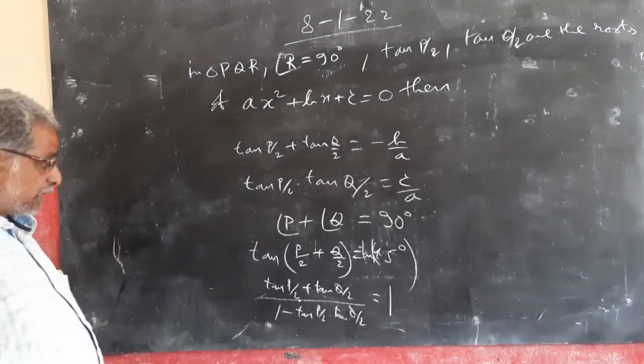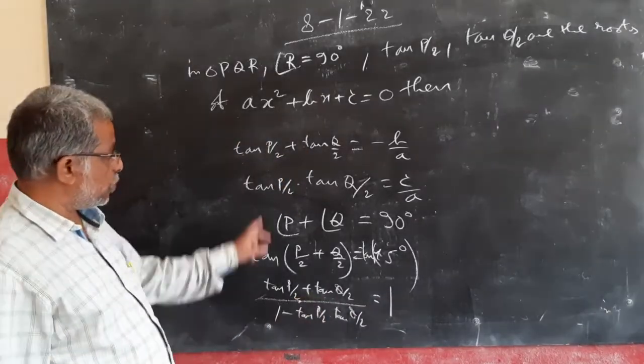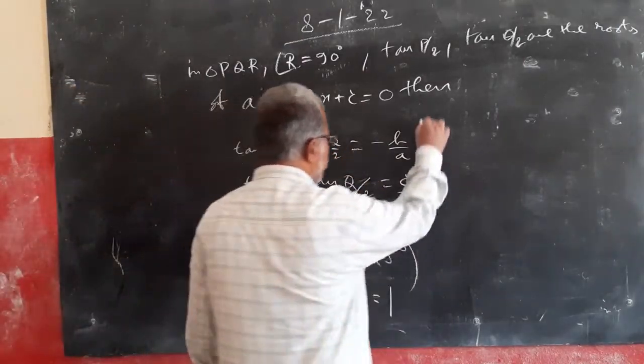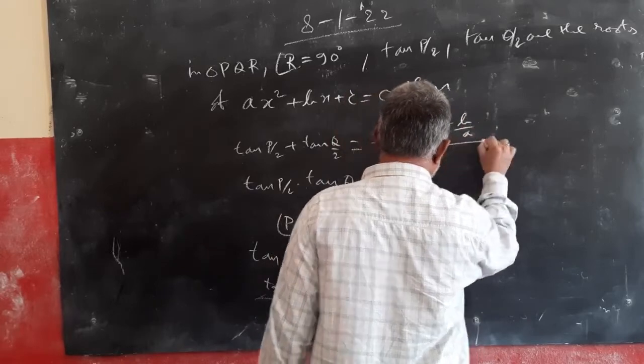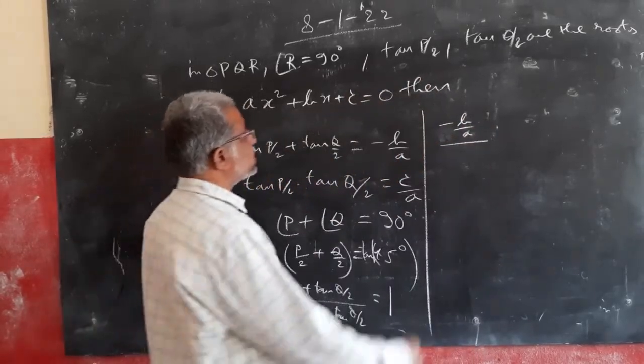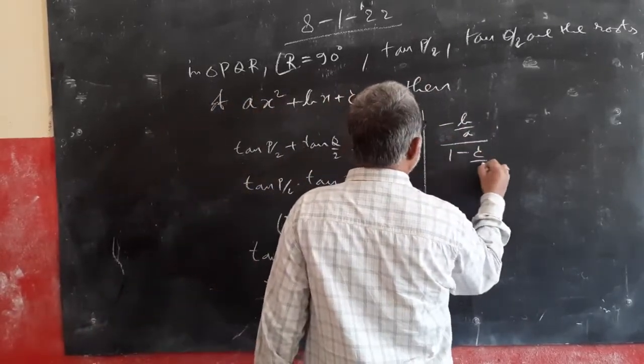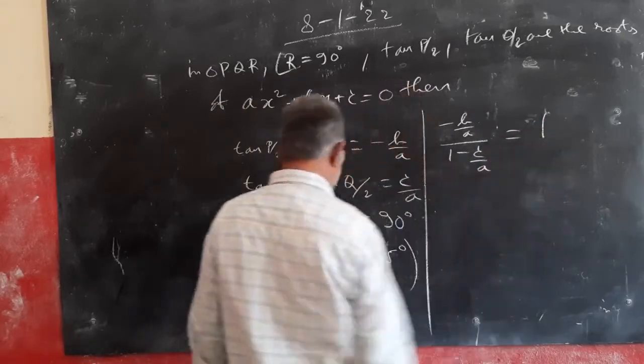We know tan P by 2 plus tan Q by 2 is minus b by a. If I substitute all these values, I get minus b by a, by 1 minus c by a, equals 1.